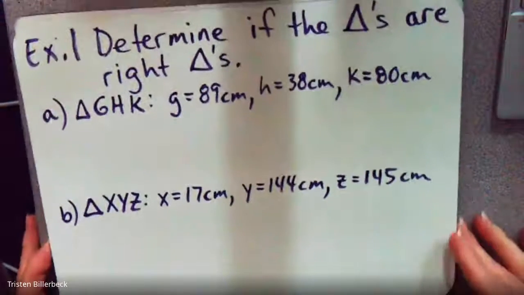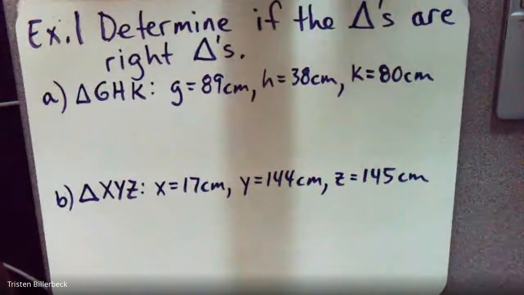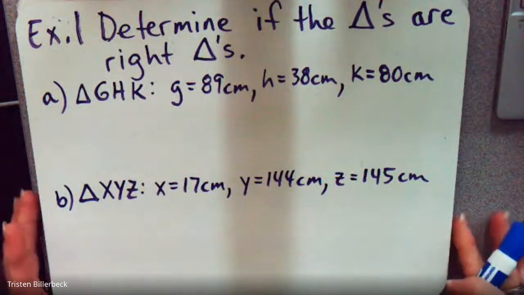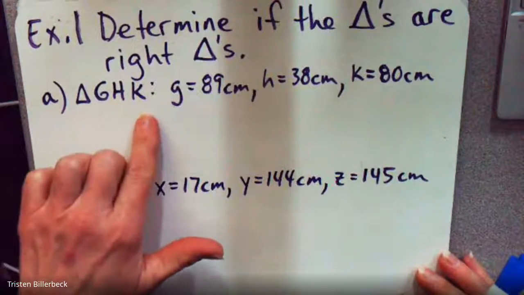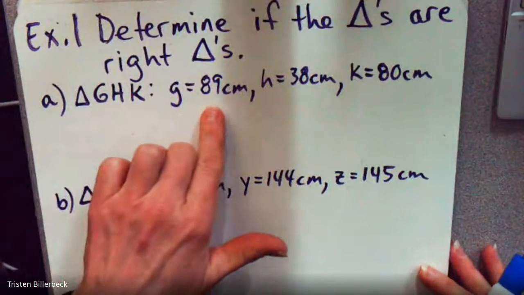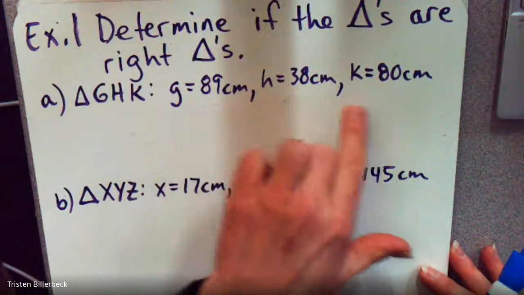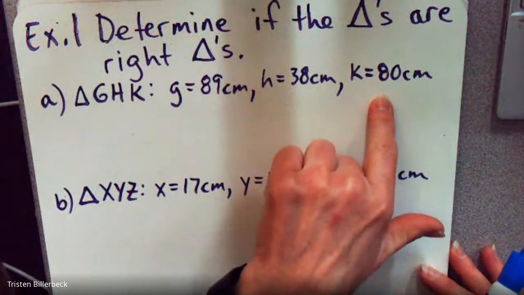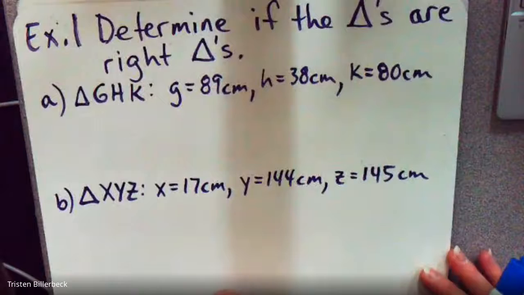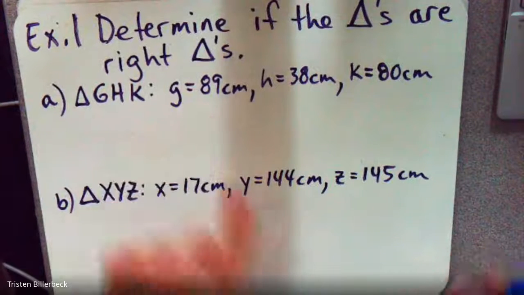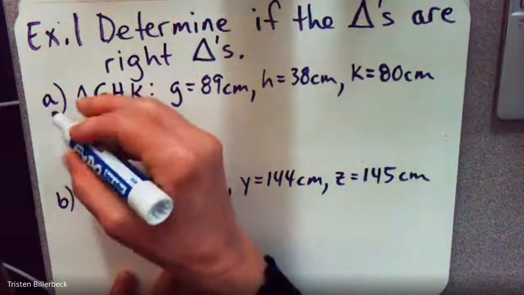All right, so if we have a triangle GHK, and G is 89 centimeters, H is 38 centimeters, and K is 80 centimeters. First, we determine which one's the longest. Well, that's G. So we're going to set the problem up.